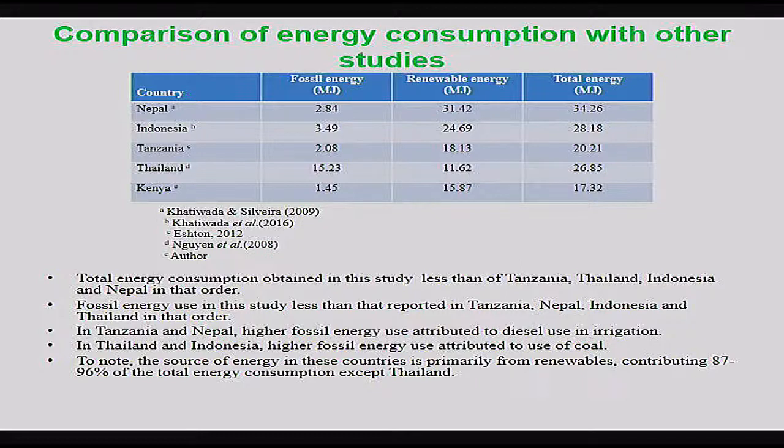In Thailand and Indonesia, the high fossil energy use is attributed to the use of coal in the production of energy. And again, what I noted was that the source of energy in all these countries is primarily from renewables, contributing about 87 to 96% of the total energy consumption, except in Thailand.